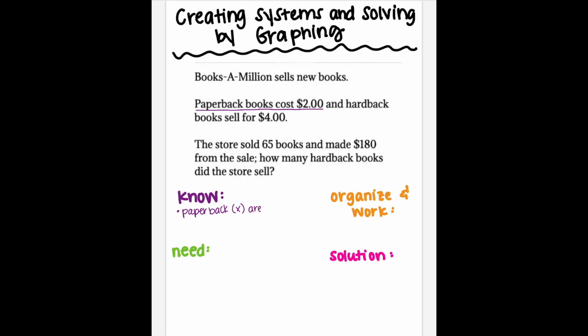So paperback books, we're going to call those X, and they are $2 each. Hardback books are $4 each. We're going to call those Y.